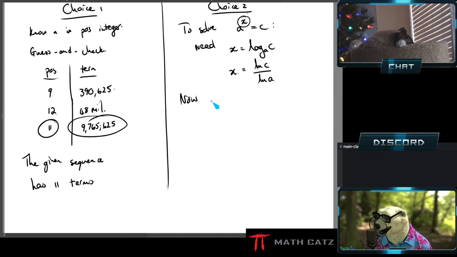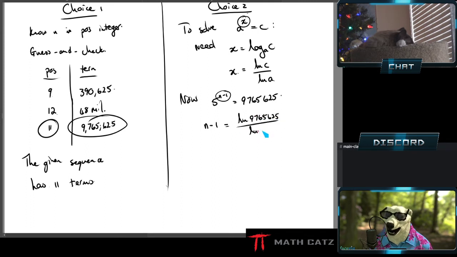So now our equation is 5 to the n minus 1 equals 9,765,625. To find the exponent, it's the natural logarithm of 9,765,625 over the natural logarithm of 5. Now, luckily, I know what this is already, right?